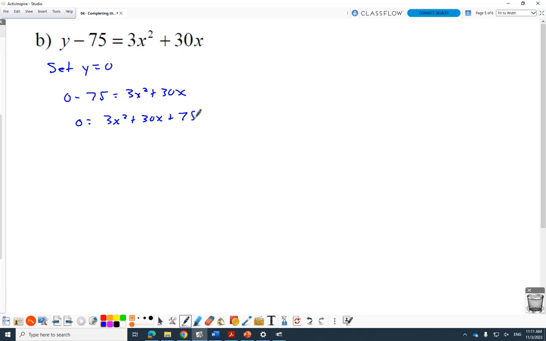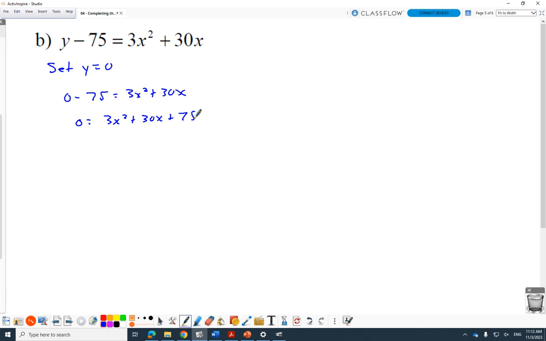It said find the zero, so I set y equals 0. All of our procedures are based on having 0 on this side. So I move the negative 75 over.